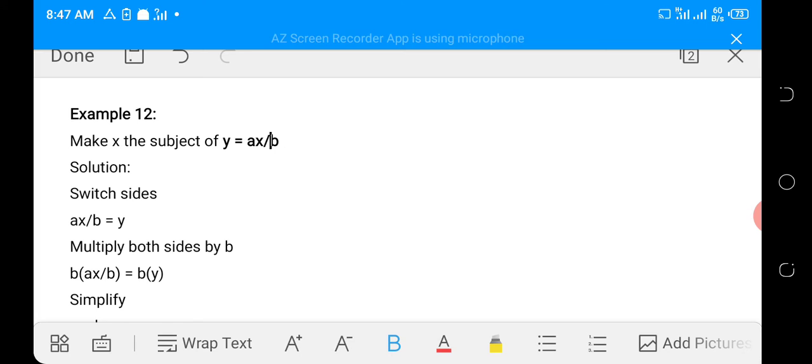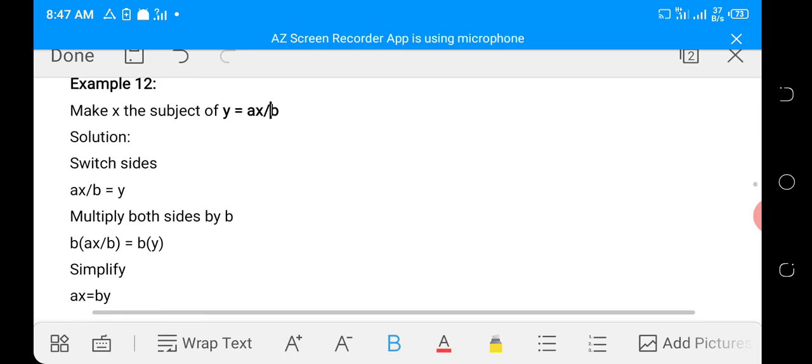So the question again is y is equal to ax over b. We want to make x the subject of the formula. So we switch sides by rewriting as ax over b is equal to y. Then we need to undo division by b by multiplying both sides by b.